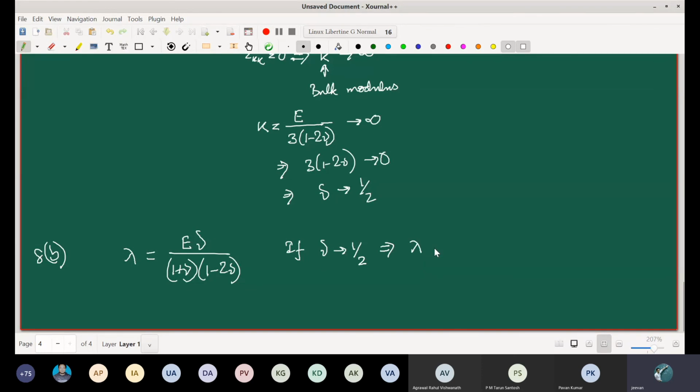Doesn't it imply that lambda is tending to infinity? It's a simple case of taking the limit. Nu tending to half has no problem in this term, but here, if nu tends to half, then this tends to 0. So overall, this lambda tends to infinity. This is referring to question 4.